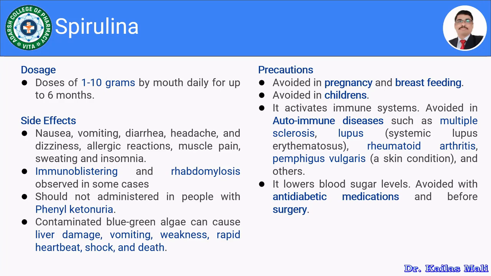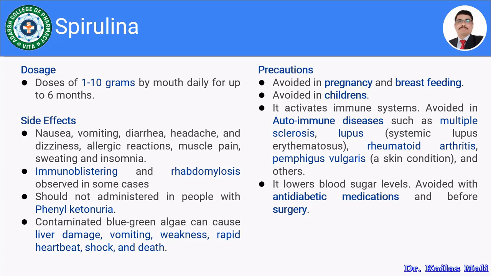If the blue-green algae is contaminated with certain heavy metals or something else, it may produce liver damage, vomiting, weakness, rapid heartbeat, shock, and death, because its source is salt water or fresh water that might lead to contamination of spirulina with heavy metals or microorganisms.